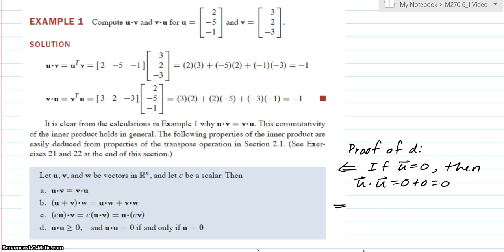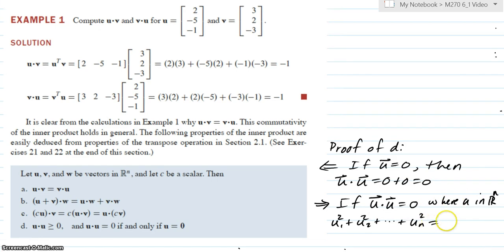Going this way, if u dot u is equal to 0, that would give us u1 squared plus u2 squared, and so on, where u is in Rn, is equal to 0.